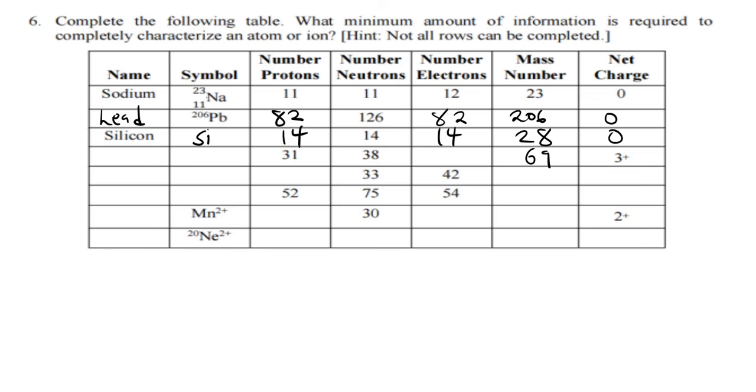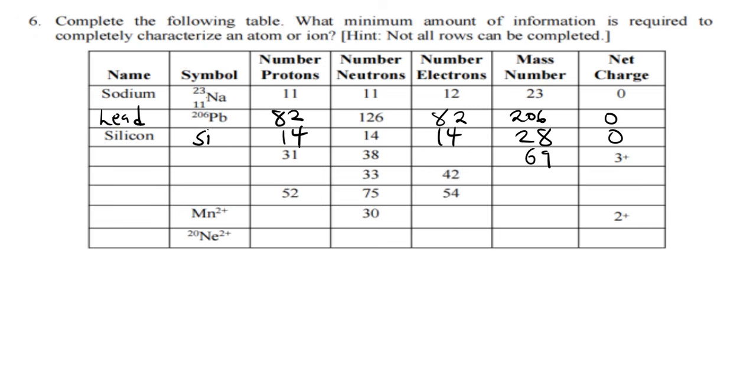Now because I have a charge of 3 plus there, what then is the number of electrons? Protons, we got 31. We've got a charge of 3 plus. So in this case, what then are we going to have?